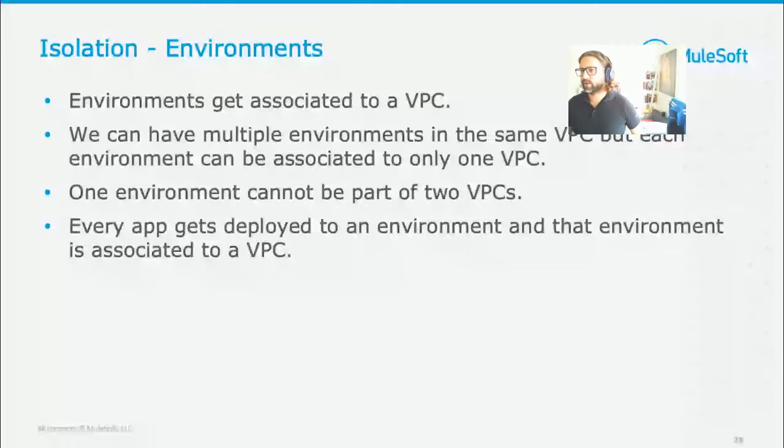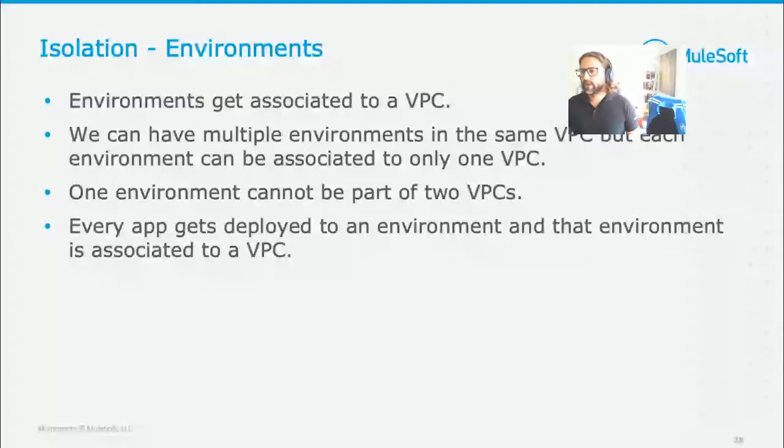Two environments associated to the same VPC will be logically separated, but will belong to the same network. However, two environments associated to different VPCs will be completely isolated from each other because the traffic between environments will be segregated. There will be different network segments. There will be different subnets. The recommendation, once again, is to have a minimum of two VPCs, one for production environments and the other one for non-production environments.